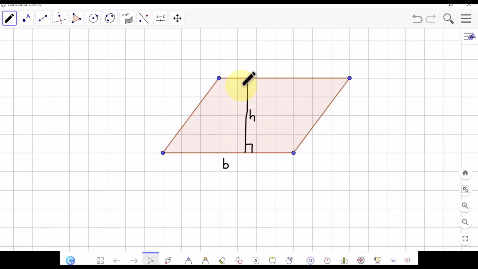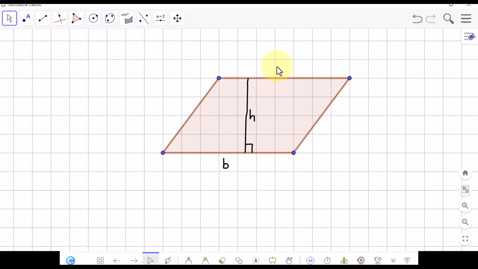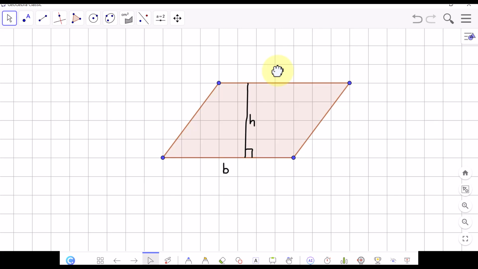So the height of a parallelogram is the distance between this parallel side up and the parallel side down. These two parallel sides opposite each other. So this is the height of the parallelogram. Let's go back so that you see what I mean. If I click on this top now, let me slide it back.